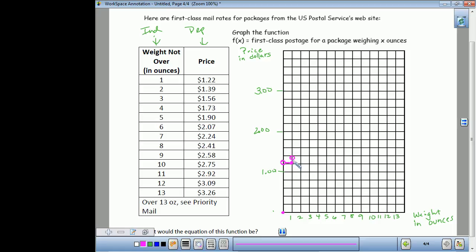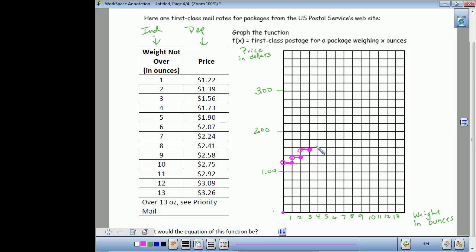So if it were 1, it wouldn't cost $1.39, it would be down here, but up to 2 costs $1.39. And then as soon as we're over 2.001, now we're paying for 3 ounces, and we're up to $1.56. So I'm guesstimating, I'll say $1.56 is really close to $1.60.